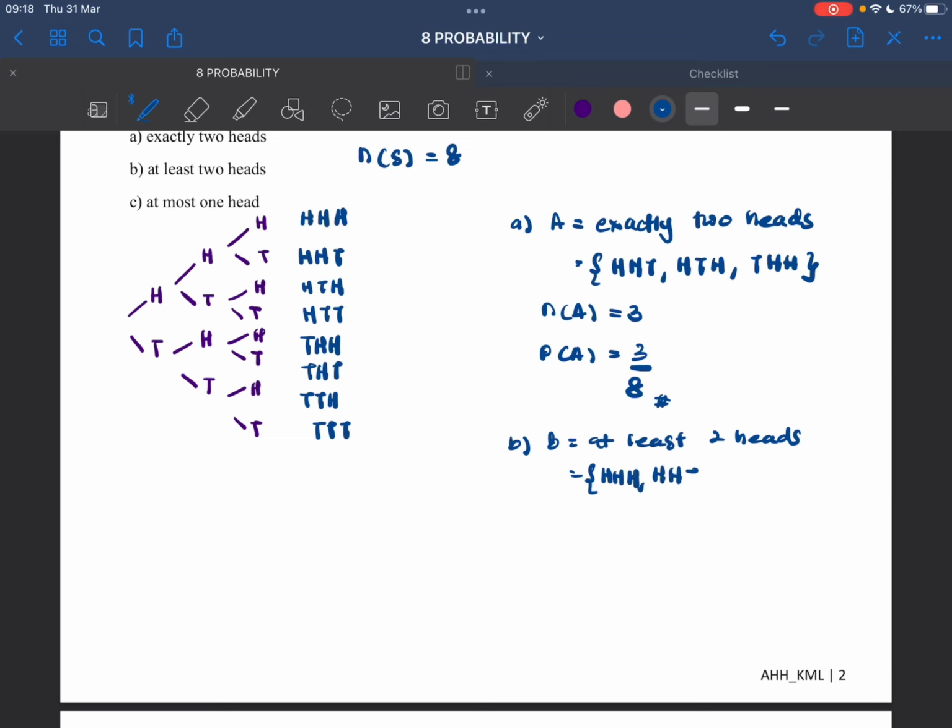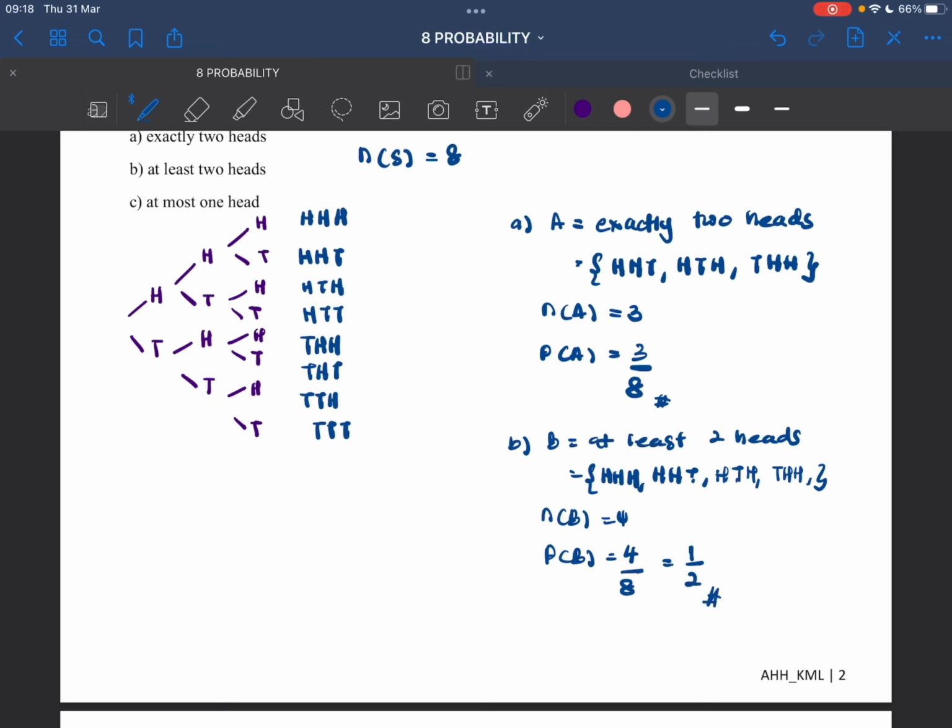And then we have H, T, H, and then T, H, H. And that's it. This one is 1 H, this one is no H. So we have 4. So the number of event B is equal to 4. To find the probability, P(B) is equal to 4 over 8. Make sure to simplify, which is 1 over 2.